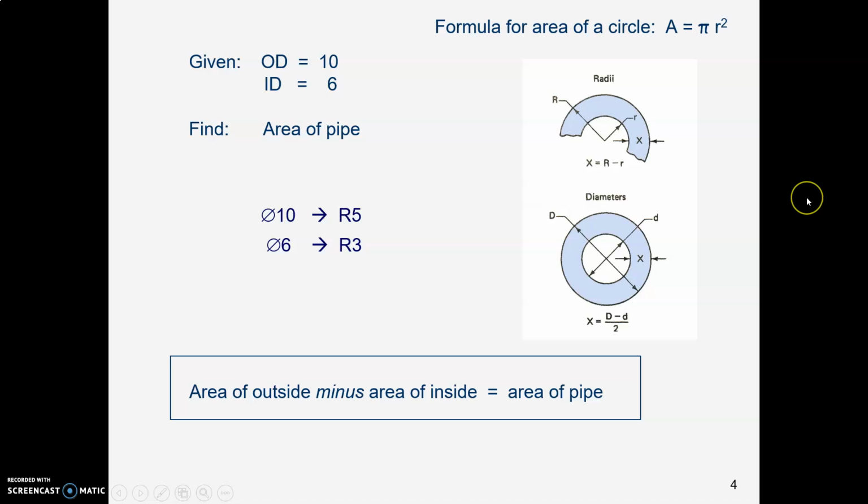That's the area we're talking about. So we're using pi r squared, and we found the radii. So pi r squared of the outside minus pi r squared of the inside will give us the net area of the pipe.